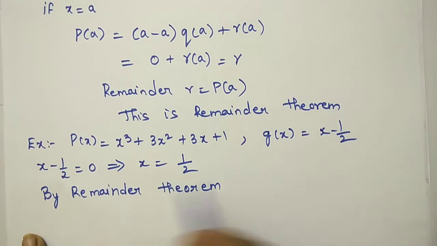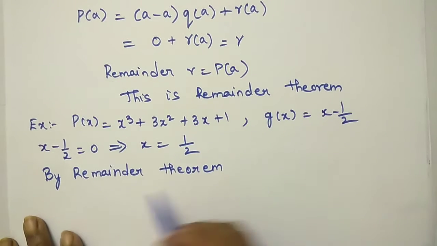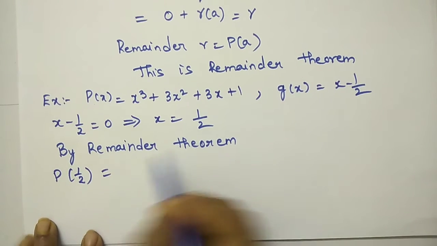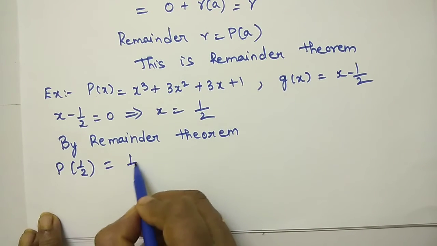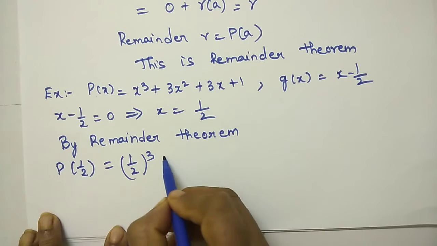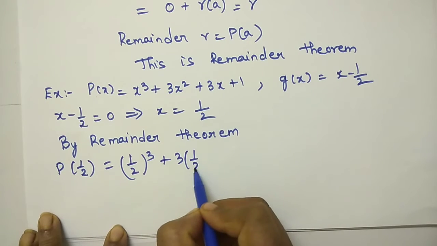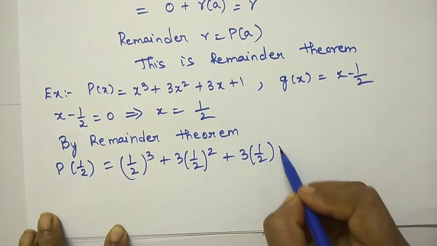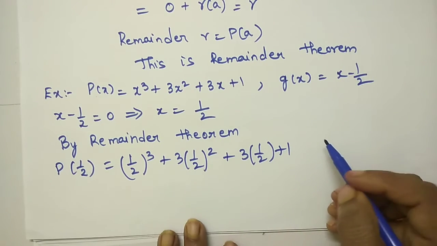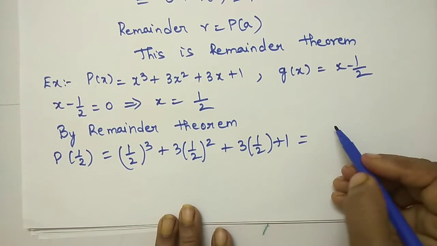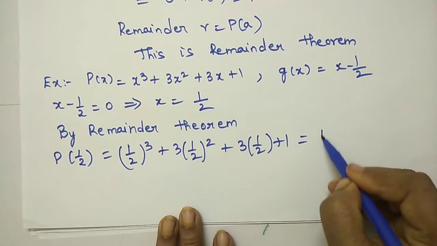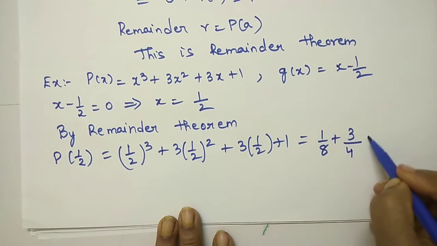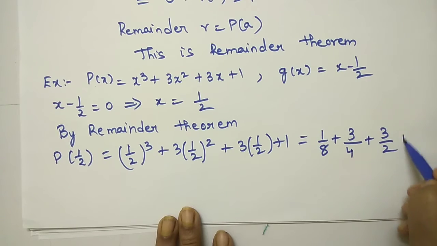So p of 1 by 2 equals 1 by 2 whole cube plus 3 into 1 by 2 whole square plus 3 into 1 by 2 plus 1. This is equal to 1 by 8 plus 3 by 4 plus 3 by 2 plus 1.